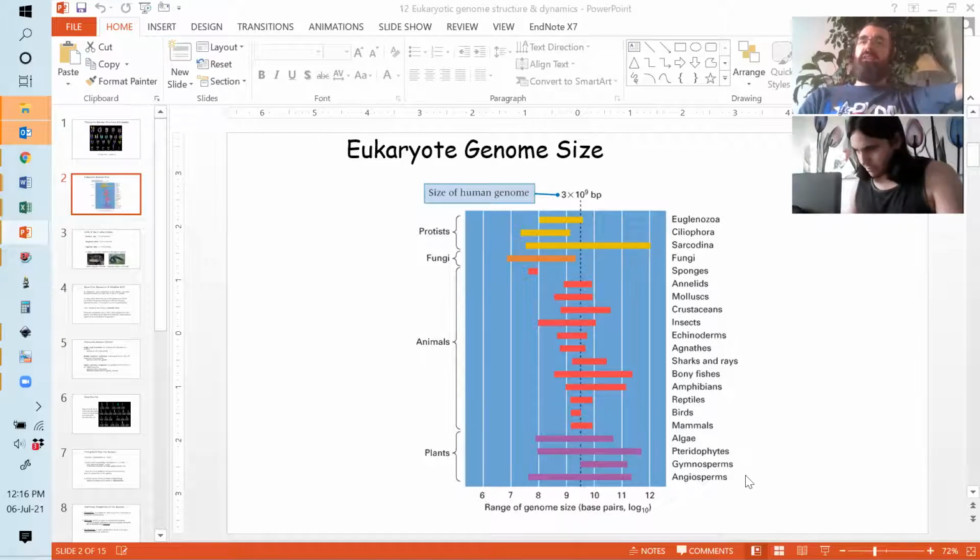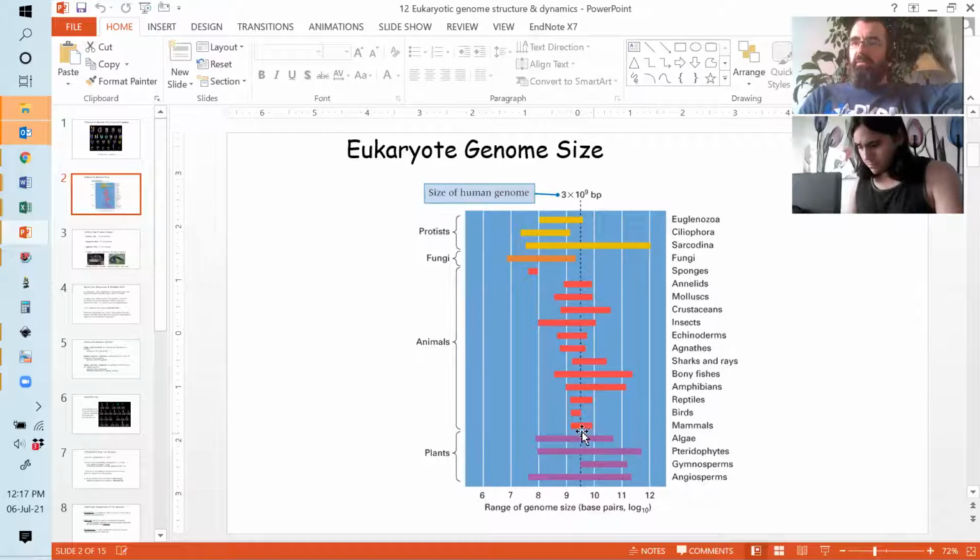So this is a cool pictorial representation of what's called the C-value paradox or C-value enigma, right? The size of the genome has absolutely nothing to do with the complexity of the organism. It has a lot to do with other stuff, but not where different organisms are at in terms of evolution.